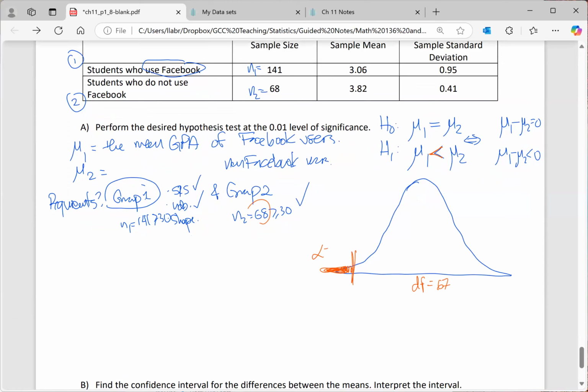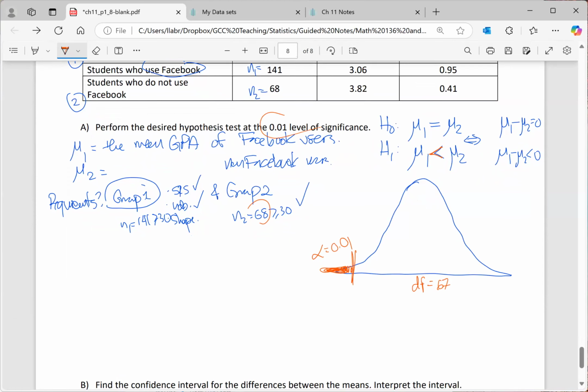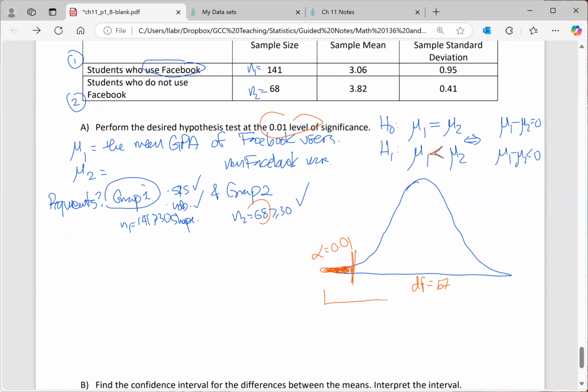So this is alpha, which is 0.01, as indicated by the level of significance. So I can go ahead and find this critical value. We've already seen this a few times, so let's go ahead and use StatCrunch for this. Pause the video and go find the critical value, and then I will write it in.